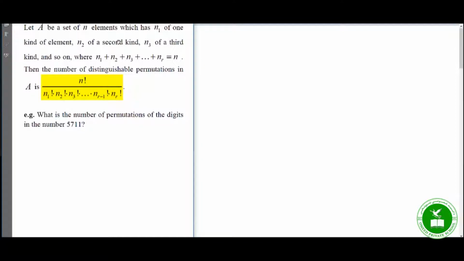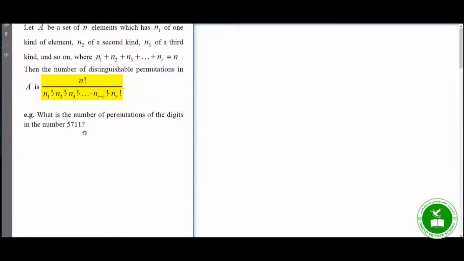If we have n elements in a set A, and n1 is the number of one kind of elements, n2 is the number of the second kind, n3 is the number of the third kind, and so on, such that n1 plus n2 plus n3 plus n4 plus up to nr is equal to n, then the number of distinguishable permutations, the ones we can differentiate from each other, will be n factorial, the total number of elements in the set, over n1 factorial times n2 factorial times n3 factorial times n4 factorial times up to nr minus 1 factorial times nr factorial.